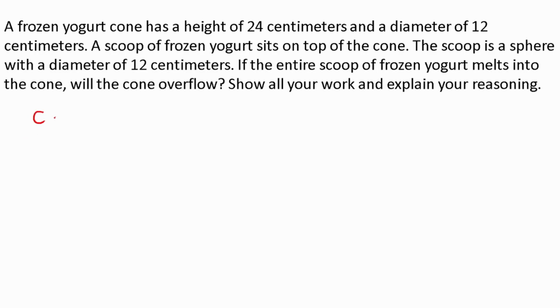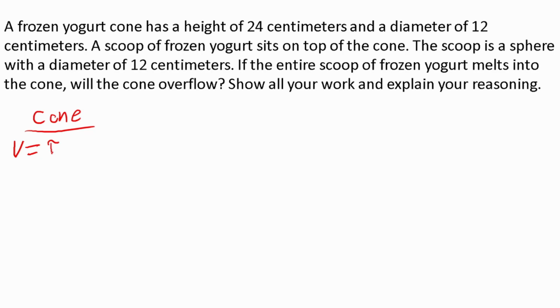First, let's do the cone, right? The volume of the cone formula is V. And we're going to do all these in terms of pi also, just so we don't have to multiply out by pi.